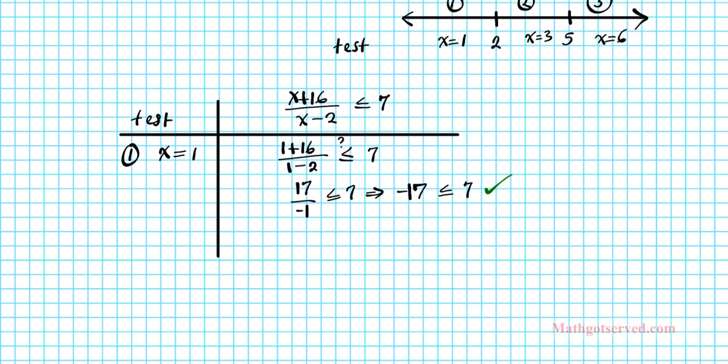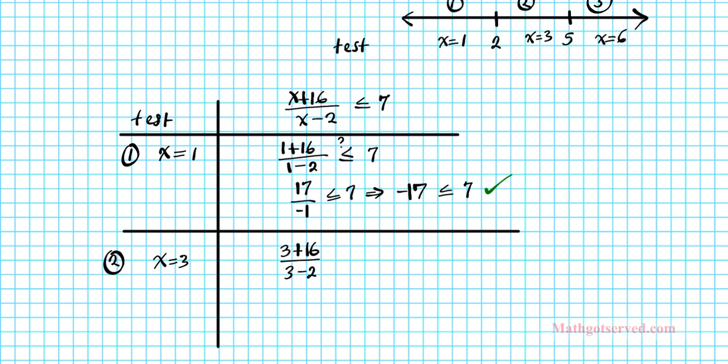We test the second value, which is x equals 3. Okay? So this problem is a pain, but we have to do it. So we're going to test x equals 3. The same process. We're going to plug in 3 into the inequality. So interval 2 is what we're testing now. Plug 3 into the inequality and see if we have a true or false statement. So we're going to do 3 plus 16 over 3 minus 2.